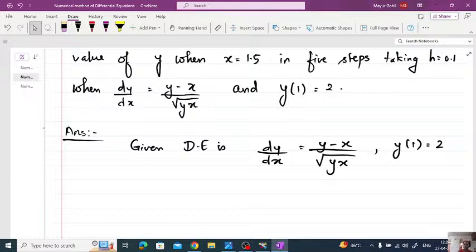So now once you have written down this question, you get all the stuff that you want from the differential equation itself.